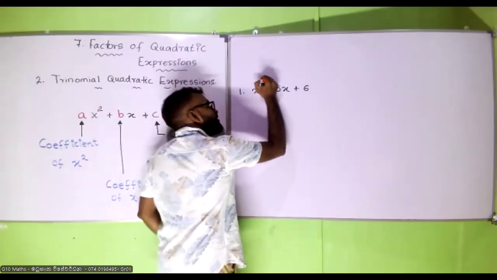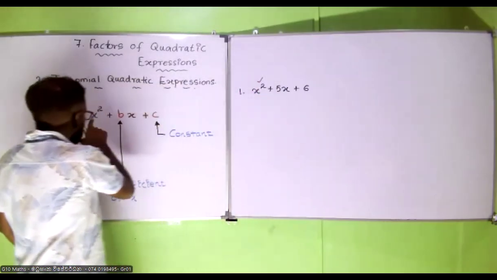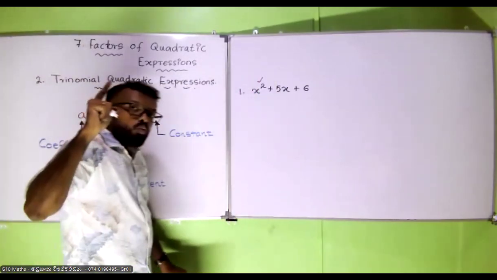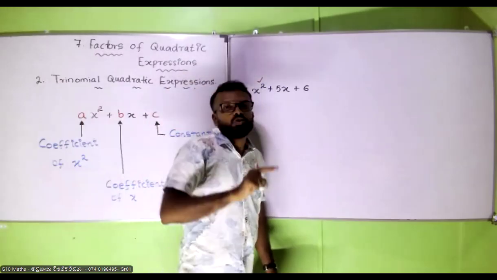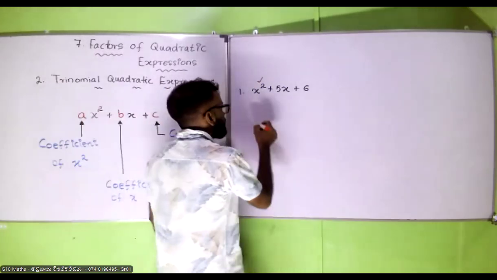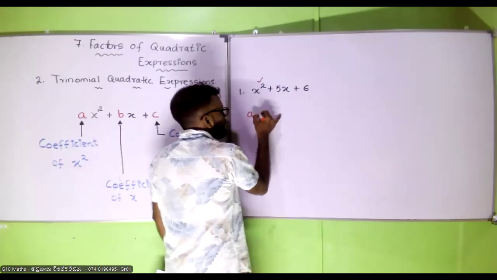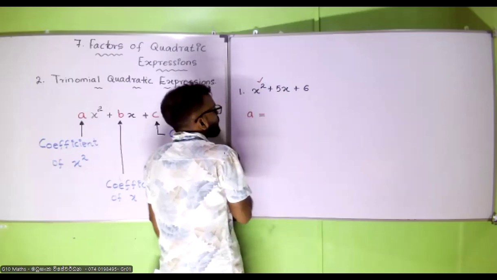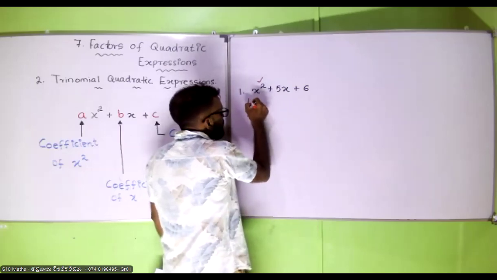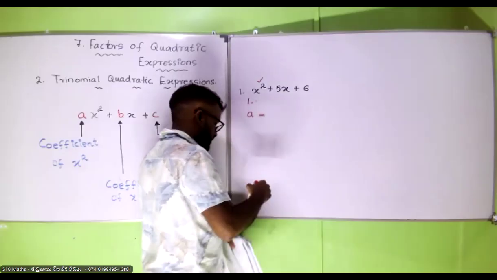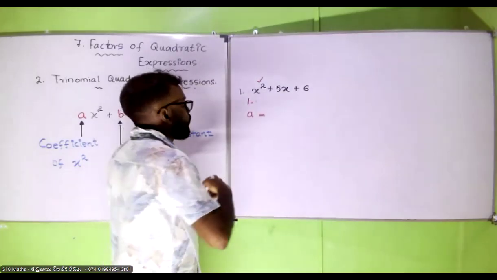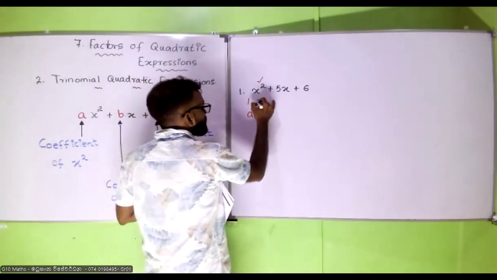What is the coefficient of x squared? Here we have 1 times x squared, so 1 is the coefficient of x squared.